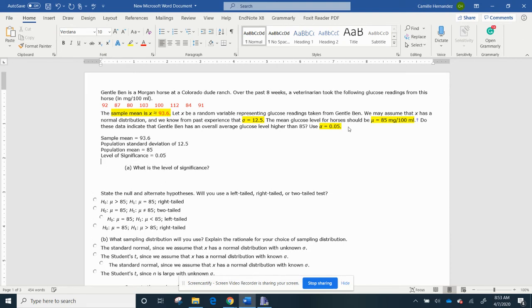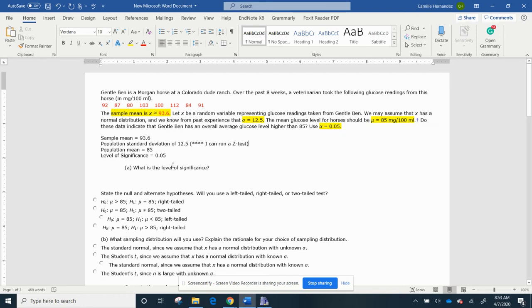Okay, so I have divided my question up. I'm not going to need this data up here because I'm given my population standard deviation. This is very, very important. Since I have this, I can run a z-test, as we call it.